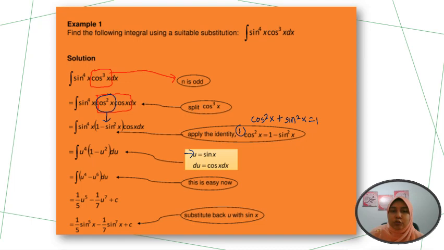Then we substitute the cos x dx with du. We have to rewrite this original function into the u function. Then 1 minus sine square x equals 1 minus u square, and sine x to the power of 4 equals u to the power of 4.